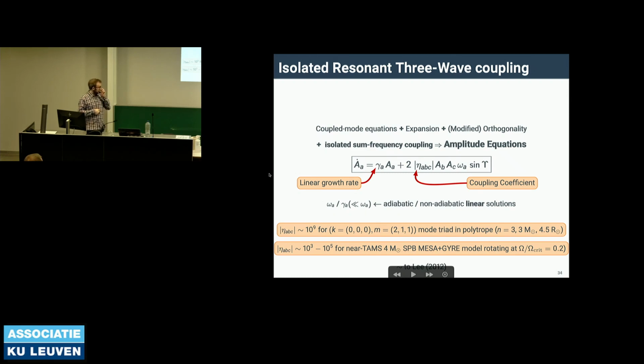And this is exactly this zone that primarily determines the value of this coupling coefficient. And these values are in accordance with what one could call one of the seminal works on this topic, the Lee 2012 paper.